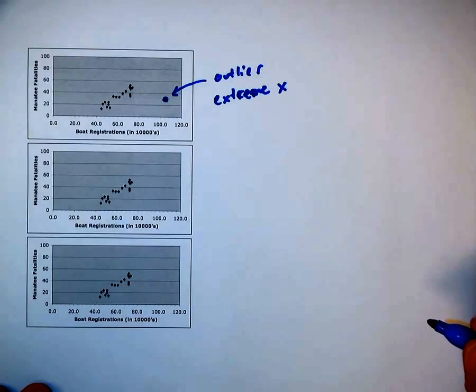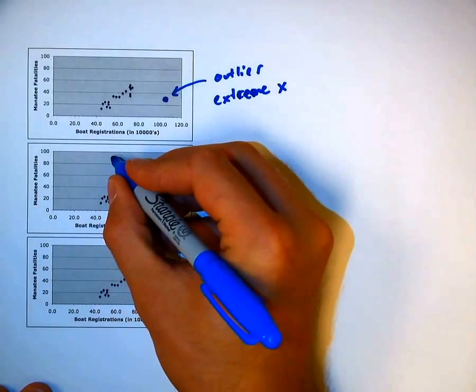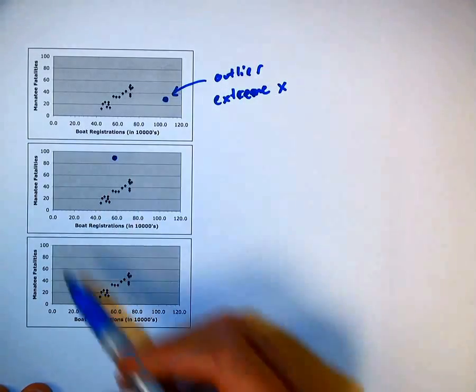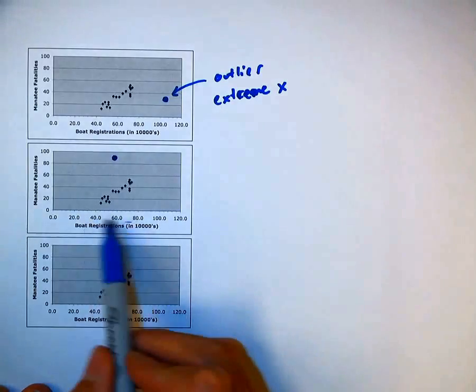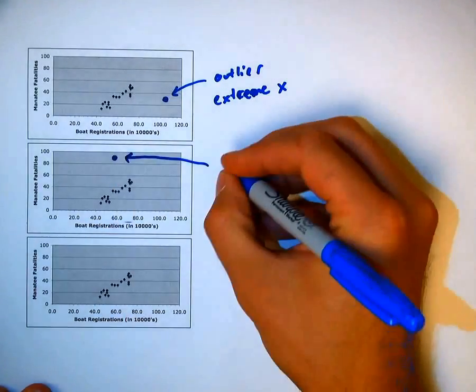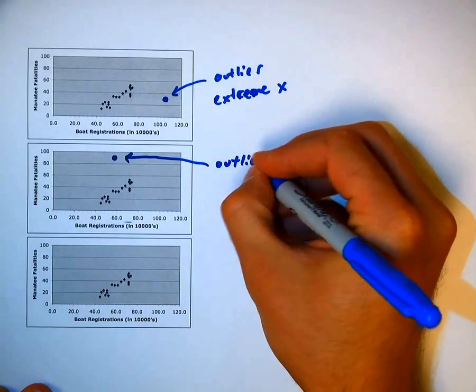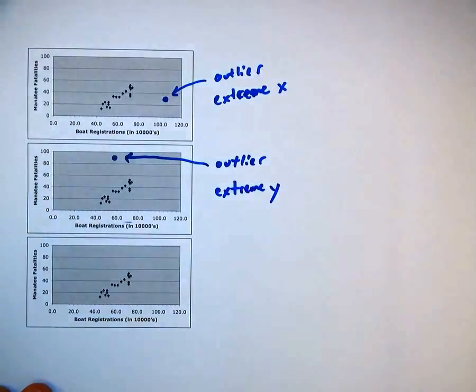Now, if we look for something that has an extreme y value, but not an extreme x value, then you're going to maybe look at a point up here. So if we have an extreme number of manatee fatalities, but not an extreme number of registrations, this also is an outlier, but it's for a different reason. So this is outlier, extreme y.